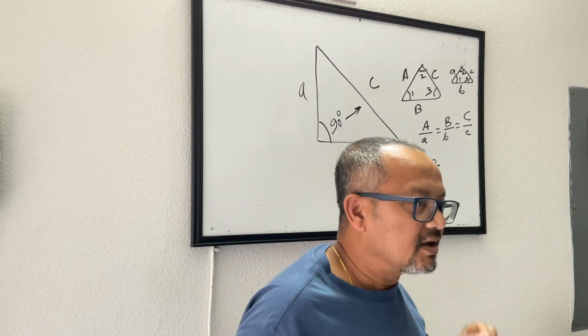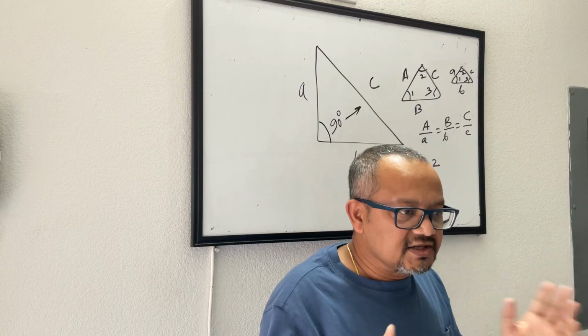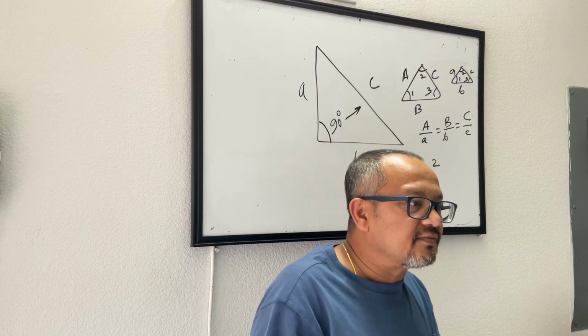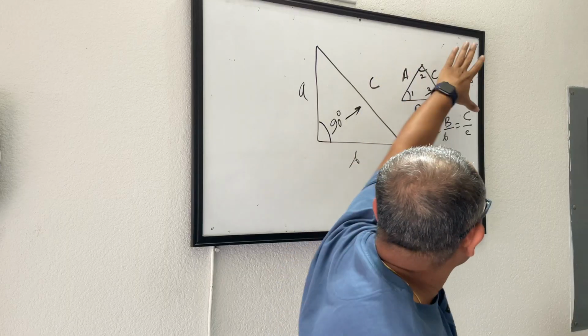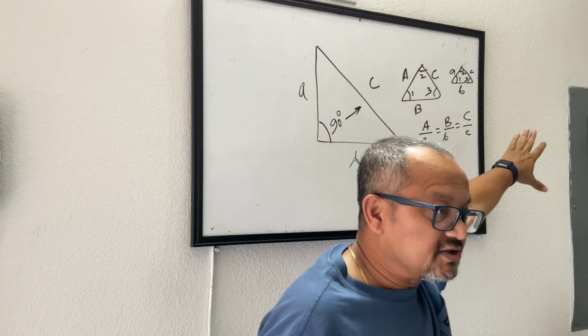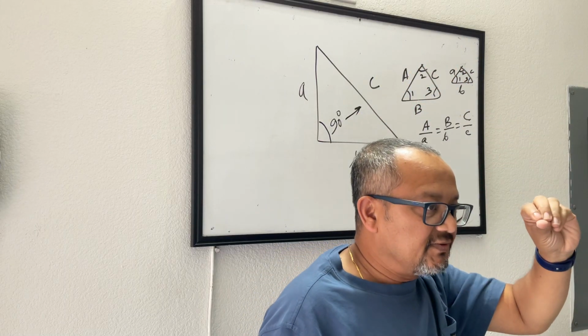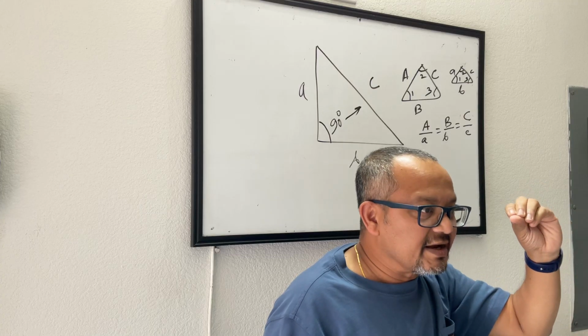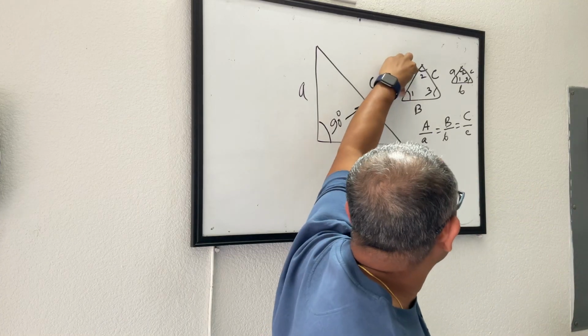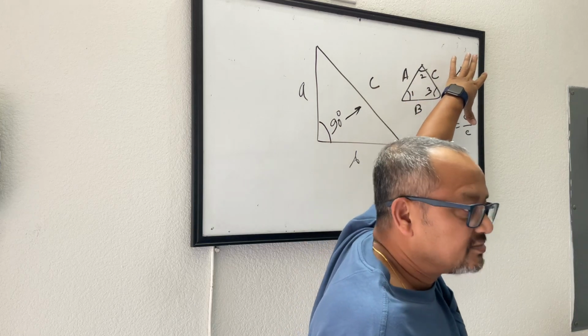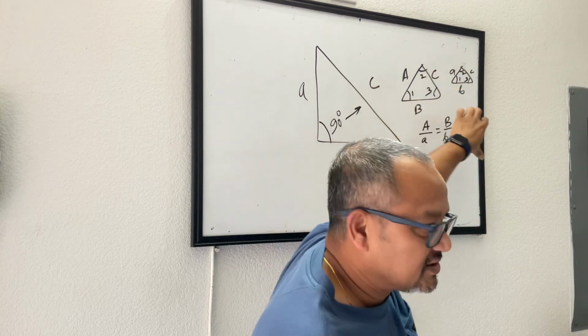This is the basic scaling of triangles. If you are zooming in by 2x, you are increasing each side by 2 times the dimension.